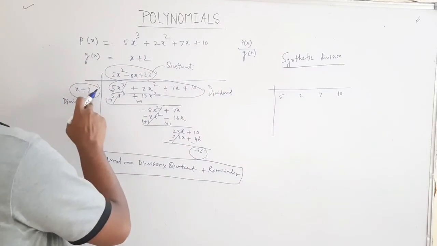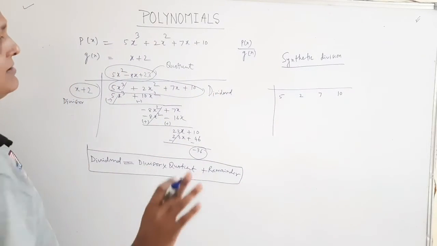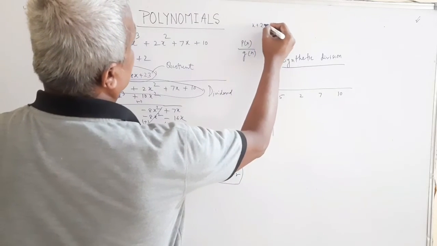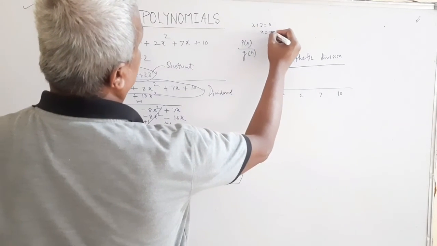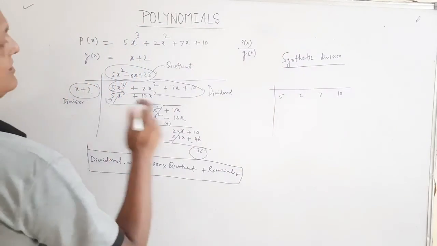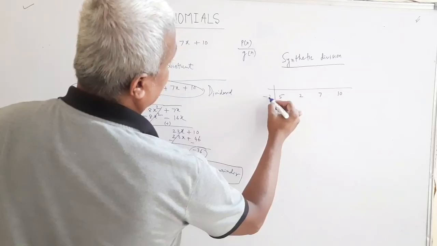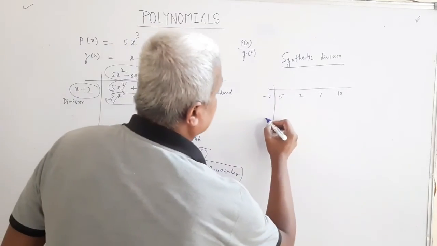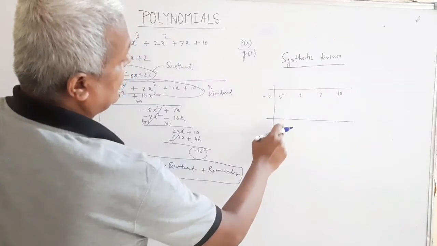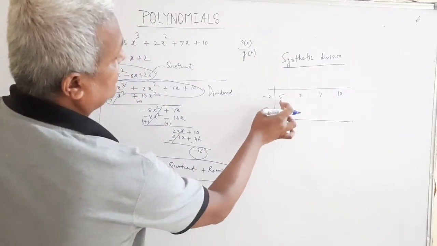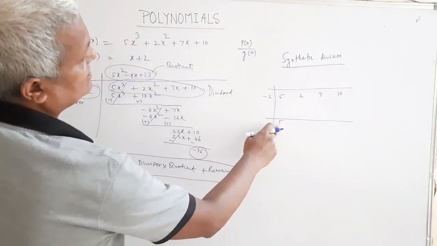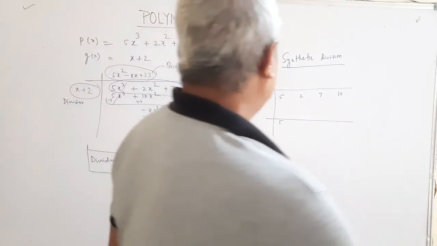Now set x plus 2 equal to 0, then you get x is minus 2. So I write minus 2 here. Then you just draw a line and put the first coefficient directly here. Don't do anything, just drag it down. So 5 is here. Now multiply this minus 2 with 5 and put the result here.